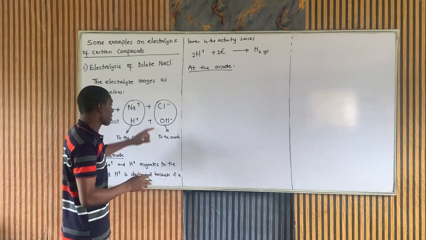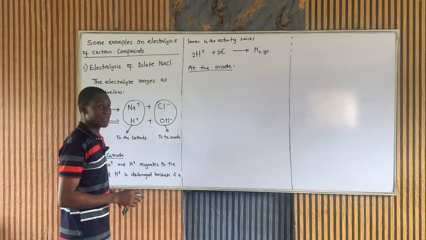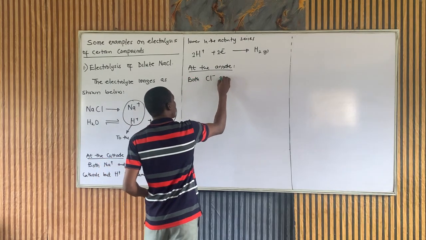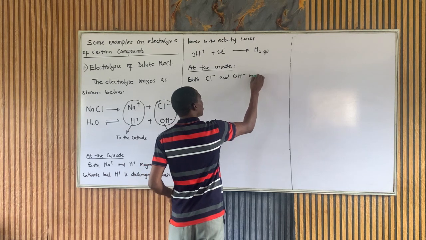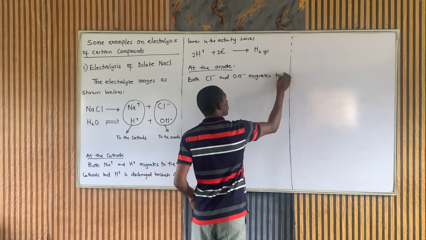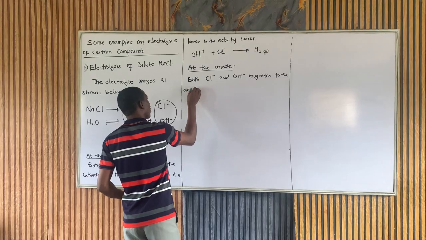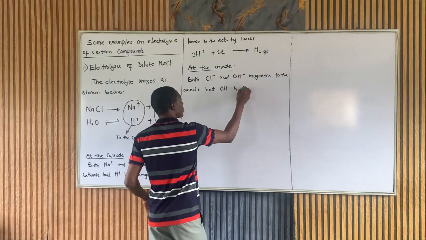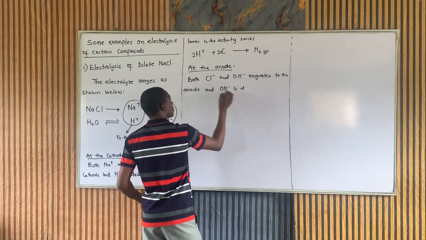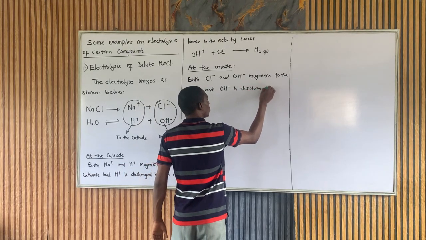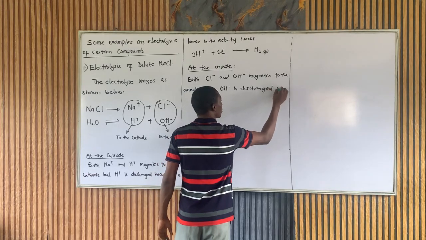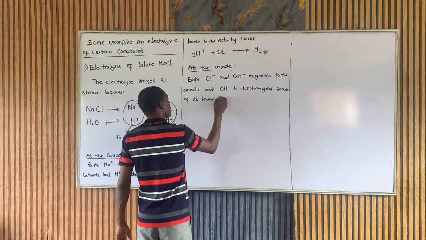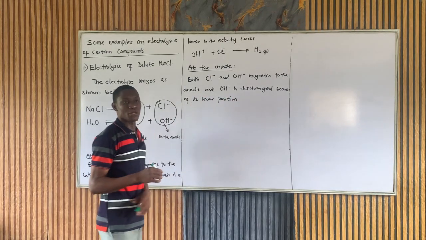But by effect of position, you see that OH is the ion that is lower in the activity series. So OH is discharged.